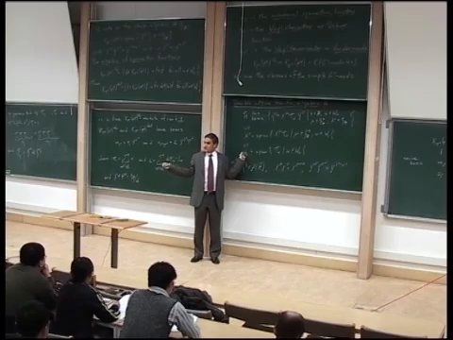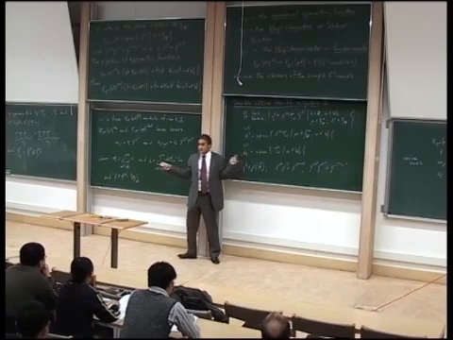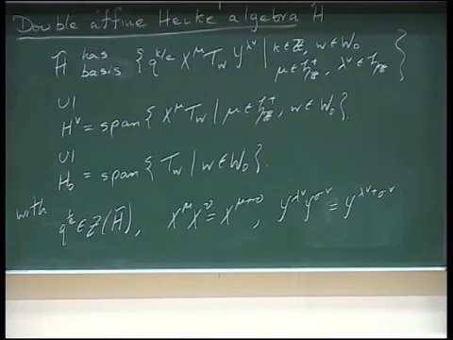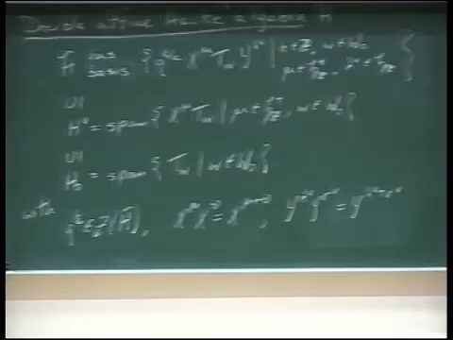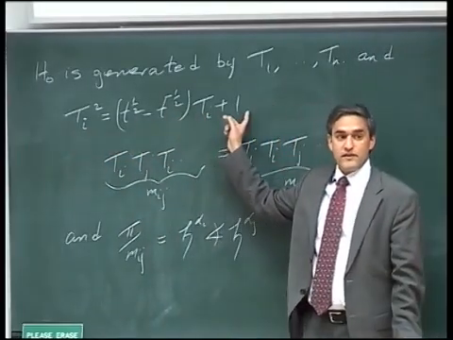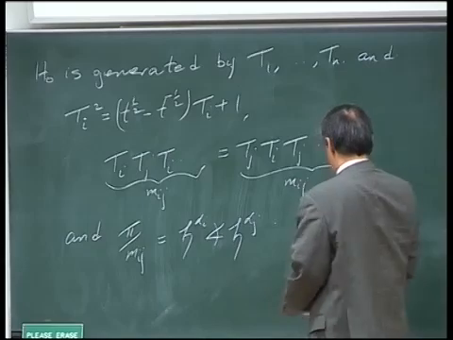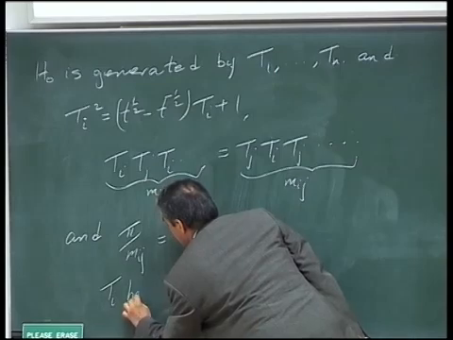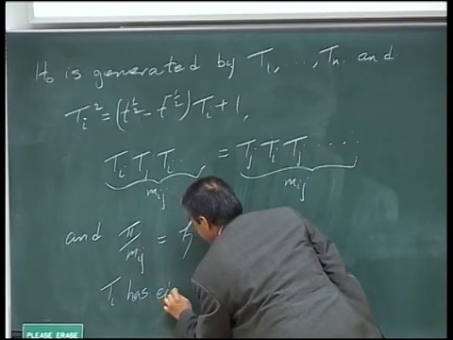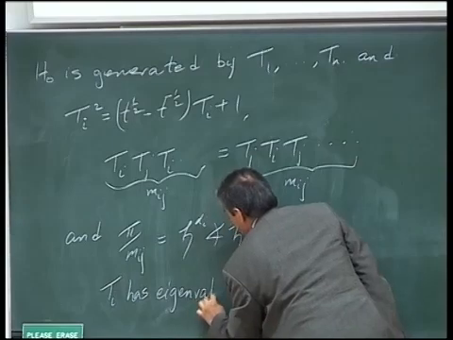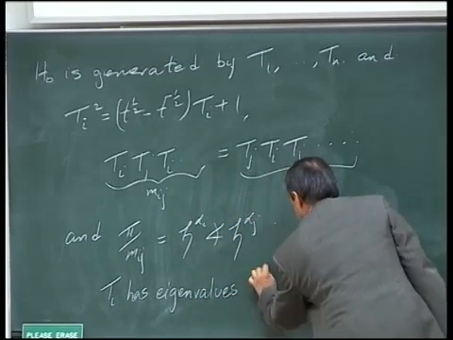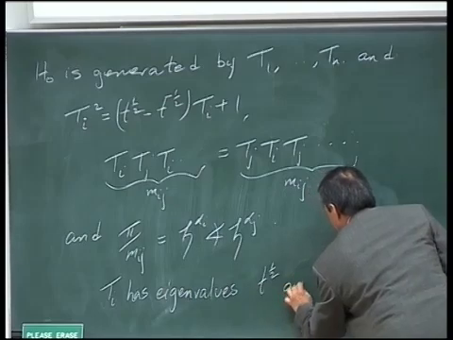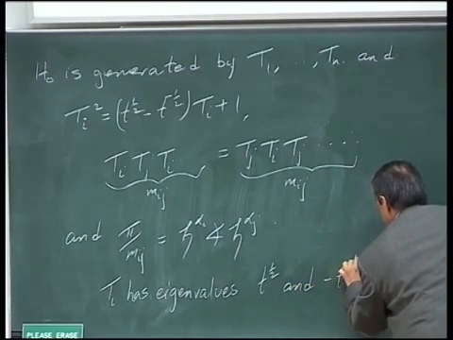It has a Coxeter representation, except that the Ti's don't square to 1. The Ti's have eigenvalues. So Ti has eigenvalues in any representation, t to the half and negative t to the minus half.